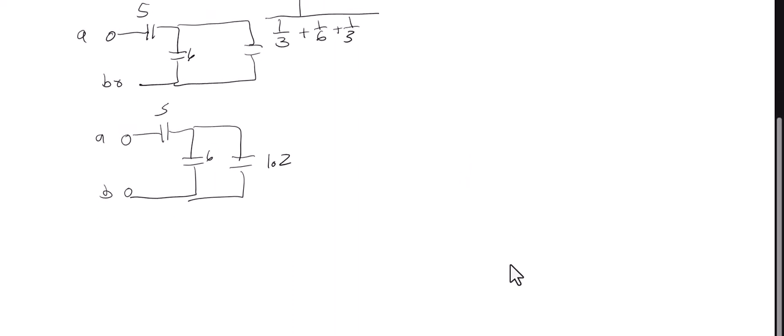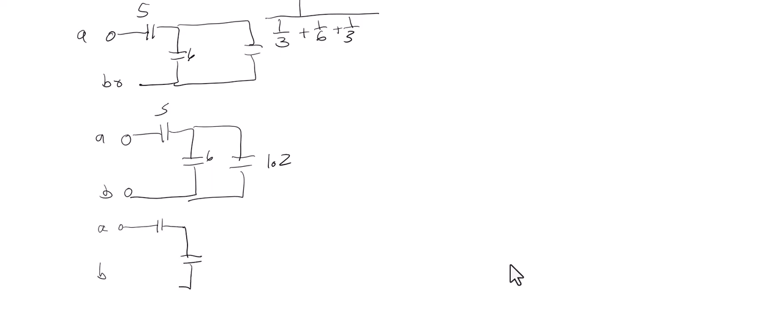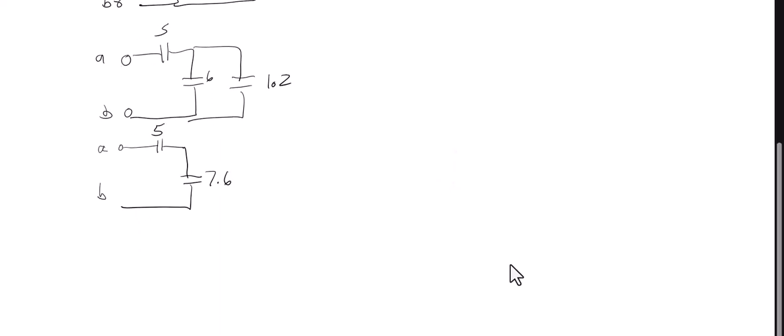Well, now I can see that, from any perspective, the 6 farad capacitor and the 1.2 farad capacitor are in parallel. No matter any way you look at it, they're in parallel. And so, since they're capacitors, that means you just add them. So that becomes 7.2. Now I have 2 capacitors in series.